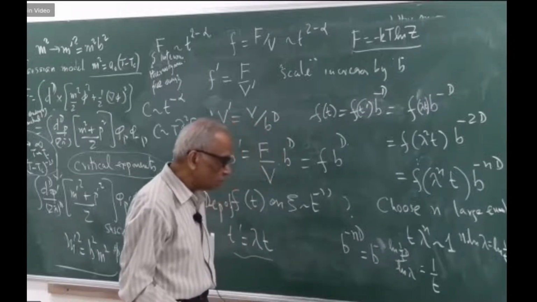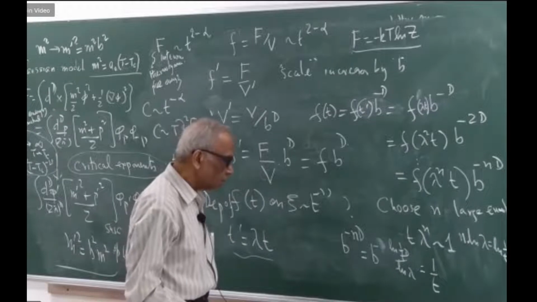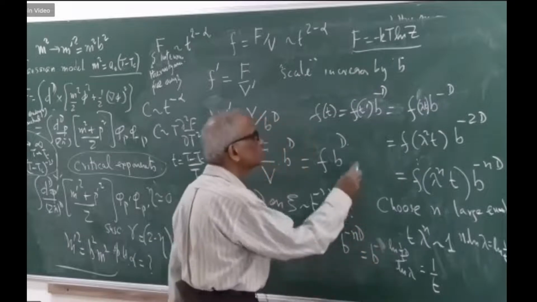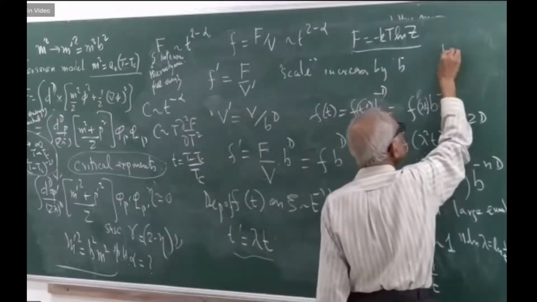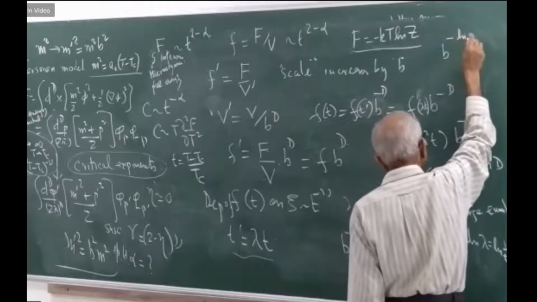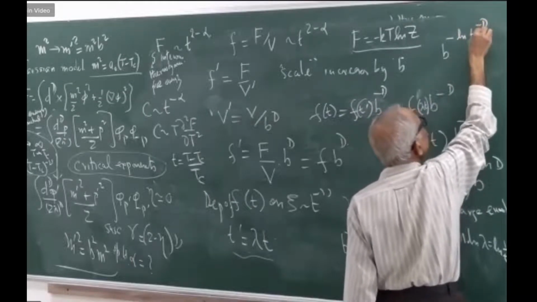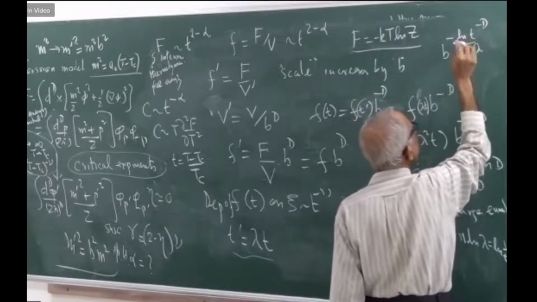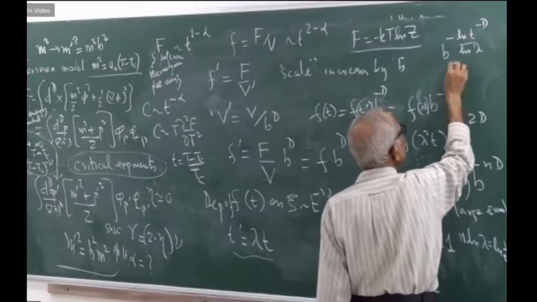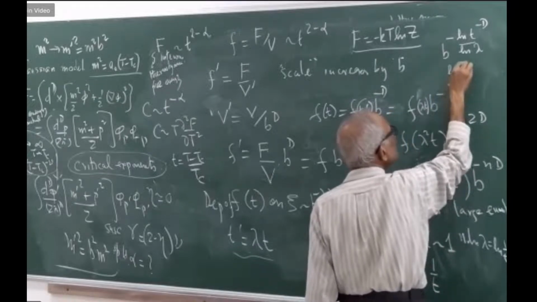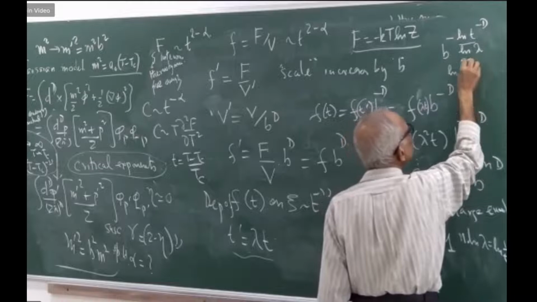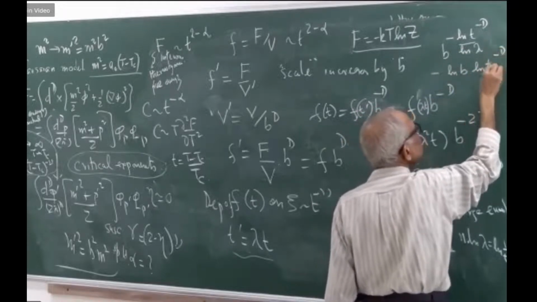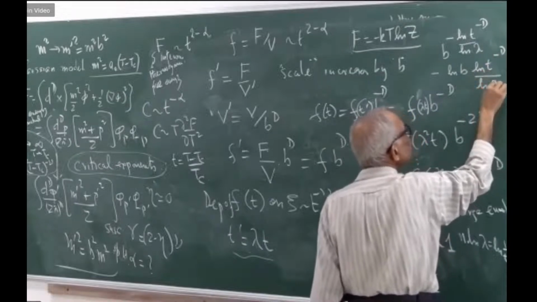And then you want to write this as 1 over t to the power minus d divided by log of lambda. If I take a log of this quantity, it is log b times minus log t to the power minus d log of lambda.